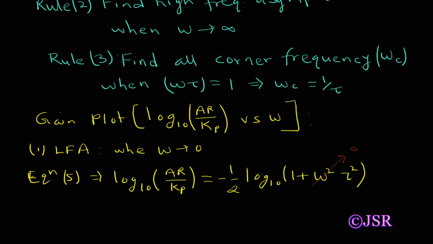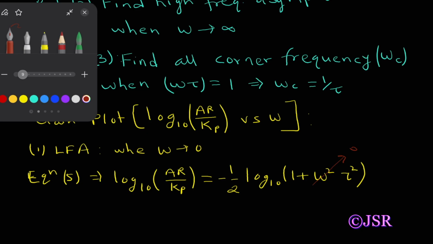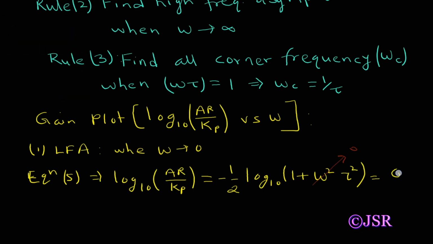It means the second term becomes 0, and we will have this as 0.